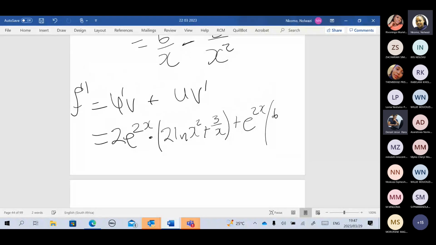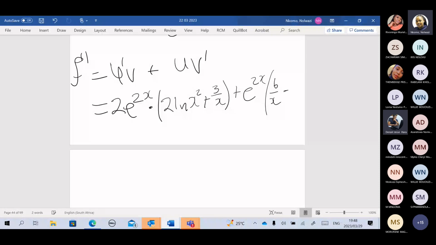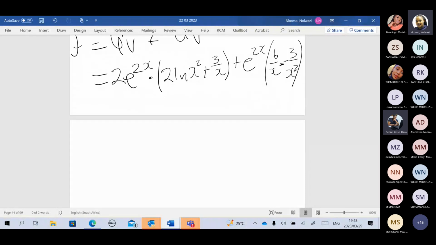Then you can simplify further. You can take out e to the power 2x as a common factor. If you do that, we should get e to the power 2x times, 2 times 2 ln x cubed plus 3 over x.